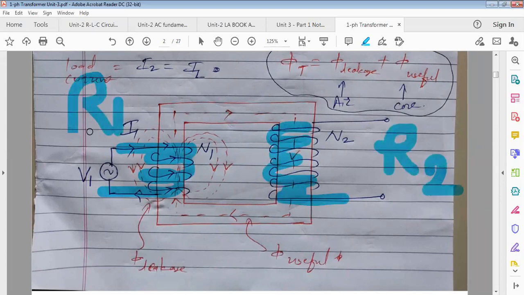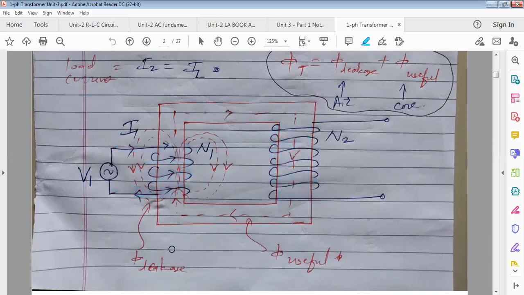So primary winding copper resistance R1, secondary winding copper resistance R2. In an ideal transformer, R1 and R2 are 0. It is not possible. Secondly, leakage flux is 0 in the ideal transformer. That is also not possible.